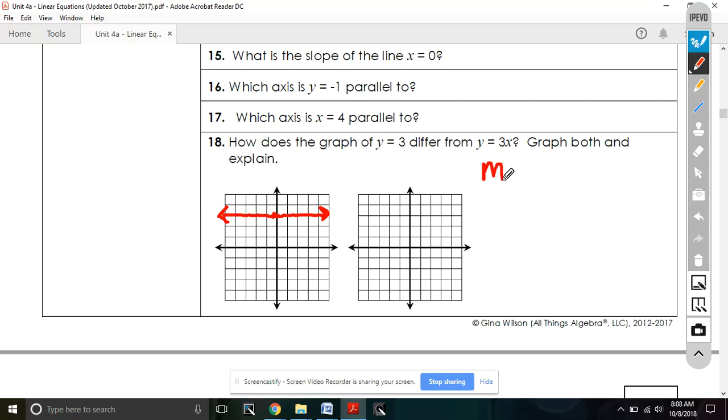Well, here my m is going to be 3 over 1, and my b is 0. So start at 0, go up 3 over 1, down 3 over 1. If you look, the two graphs are very, very different. So please make sure that you're paying attention and you can differentiate the two.